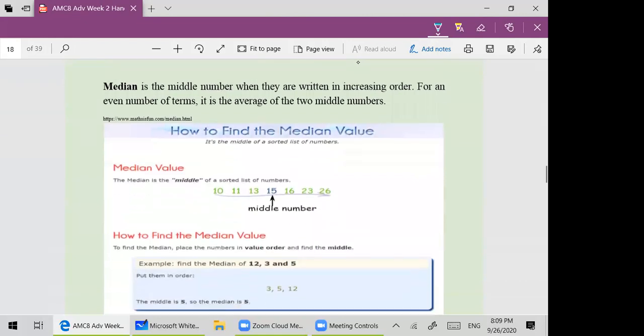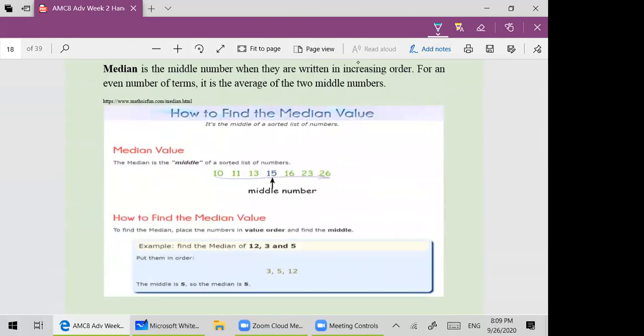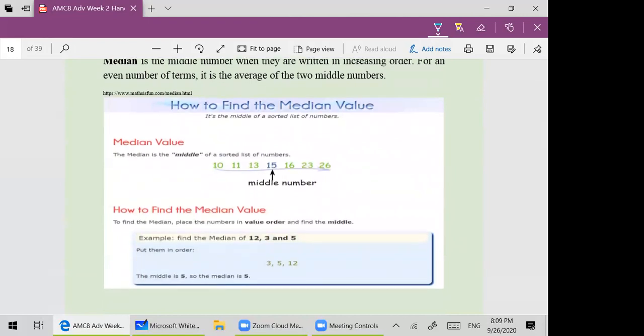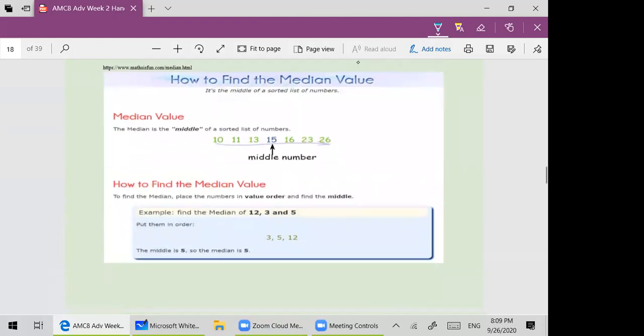The median is the middle number when all the numbers are written in increasing order. For an even number of terms, it's the average of the two middle numbers. So take this example: 10, 11, 13, 15, 16, 23, 26.